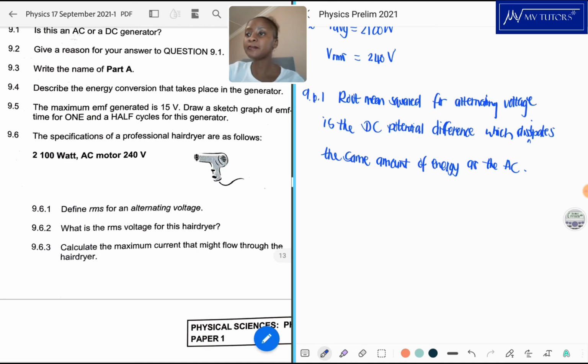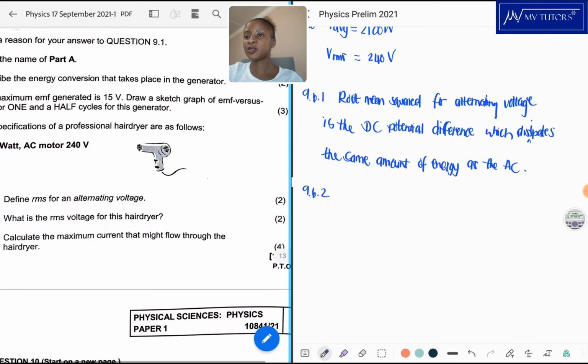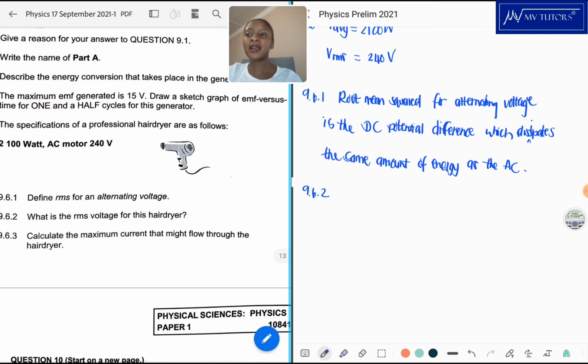Okay, now 9.6.2. And how many marks is that? Definitions are normally 2 marks. So what is the RMS voltage for this dryer? Remember they told us that the AC motor is 240, and we said that the root mean squared for the alternating voltage is the DC potential difference which dissipates the same amount of energy as the alternating current.